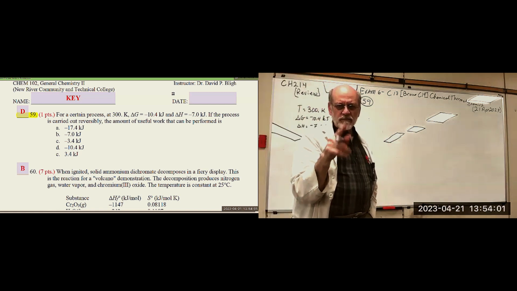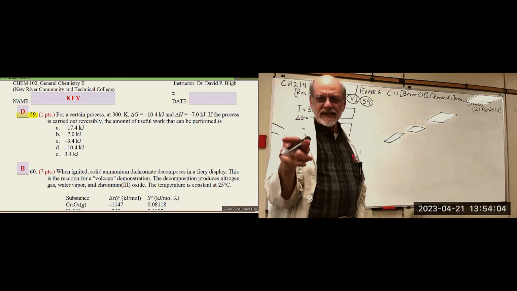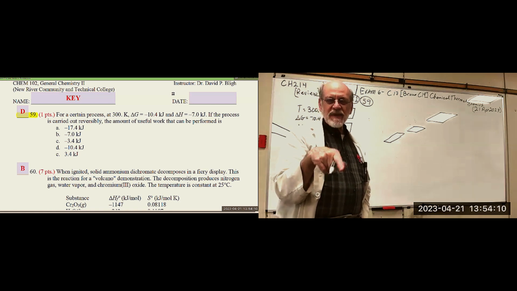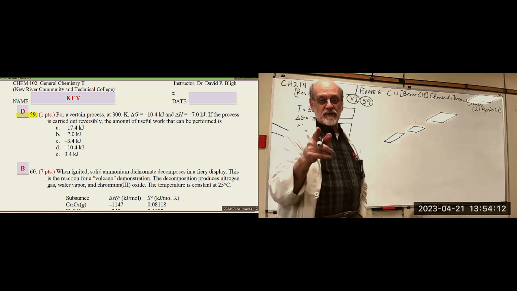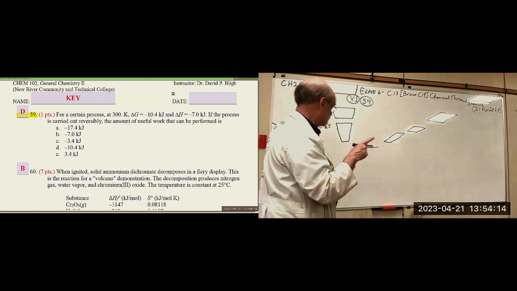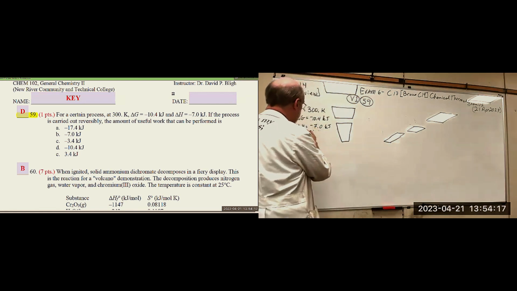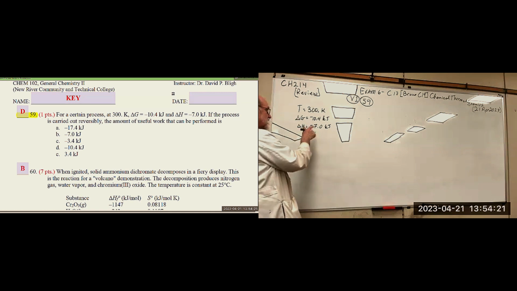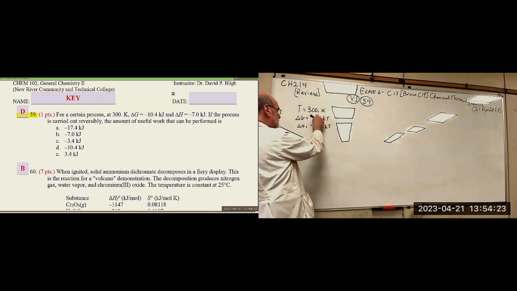The process is carried out reversibly. The amount of useful work that can be performed: this process is going to give off free energy with this magnitude.